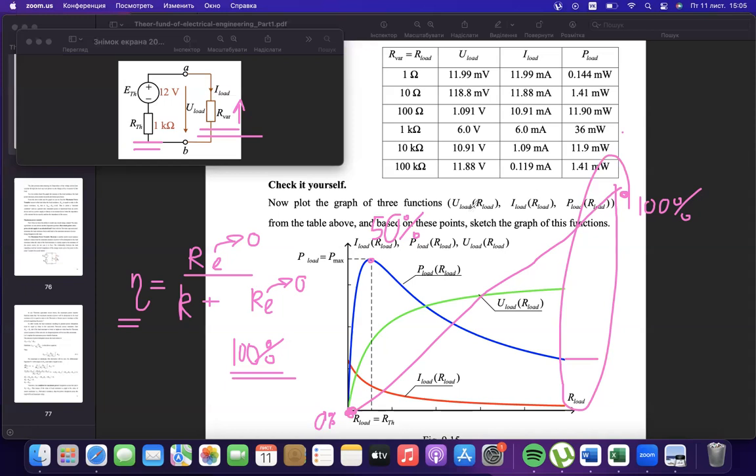The opposite situation: if we are transporting some signal with small currents and small voltages, and we are interested only in the intensity of the signal, that is why we are working in this region, with the highest power. Okay, 50% of the money will be spent just on heating the source.